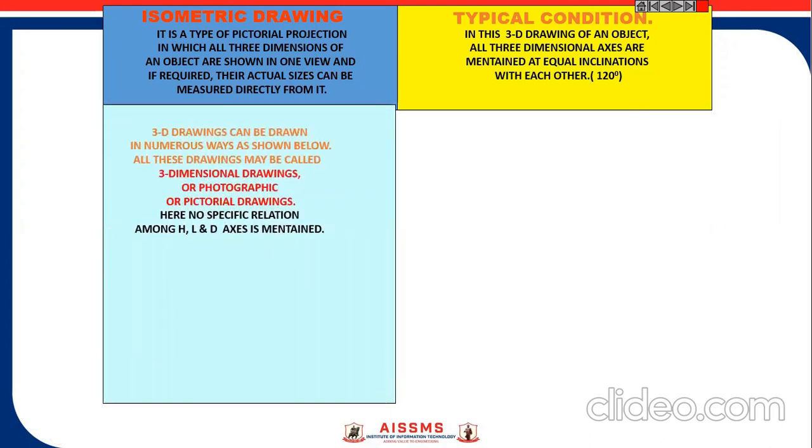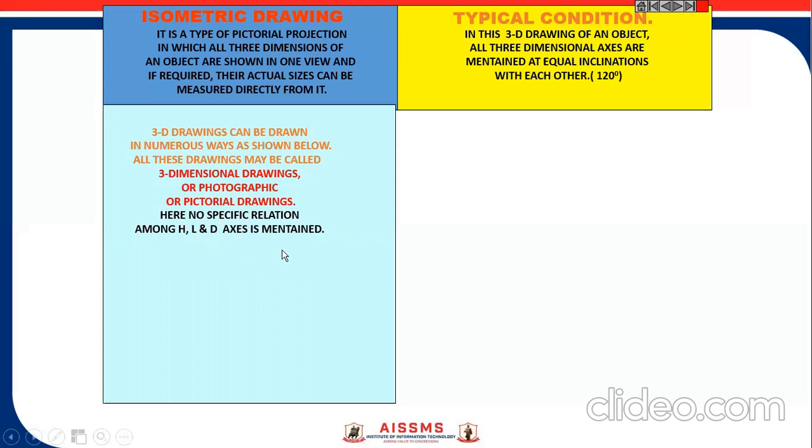In isometric drawing, 3D drawings can be drawn in numerous ways as shown below. That is 3D, the three-dimensional drawings, or I can say photographic or pictorial drawing. There is no specific relation between height, length, and width. S stands for height, L for length, and T stands for width.